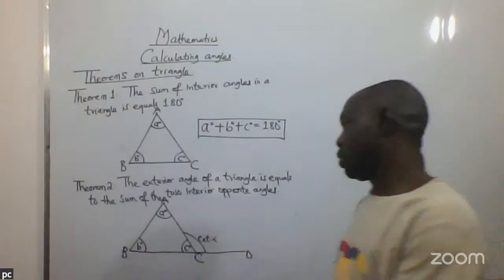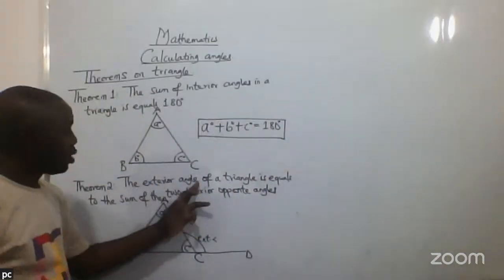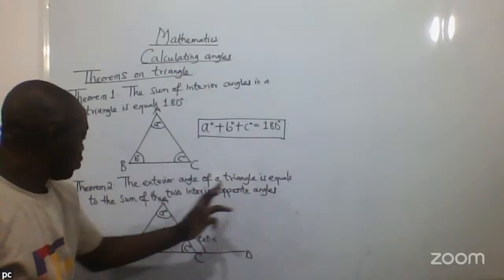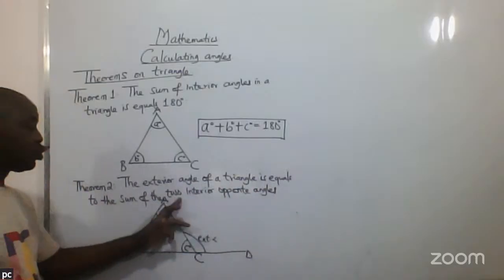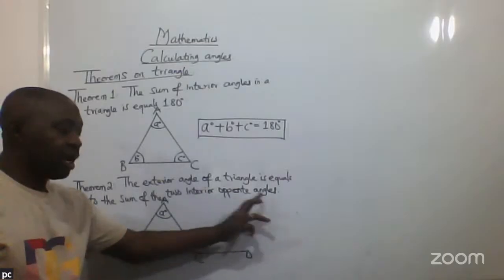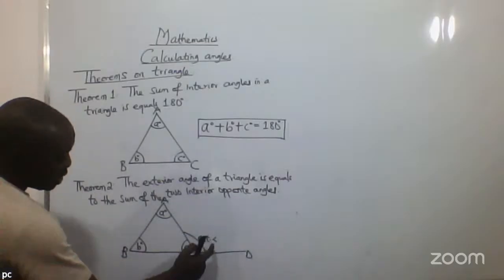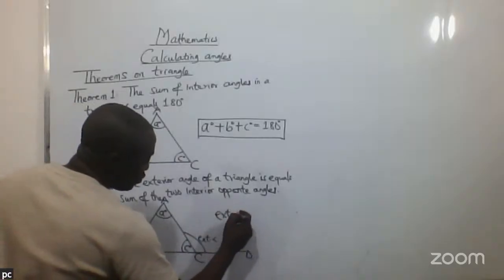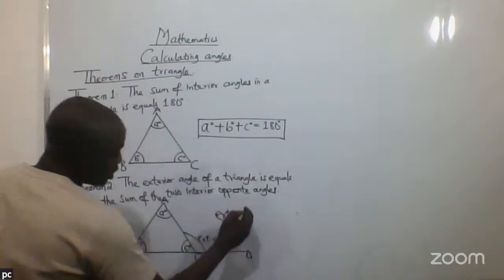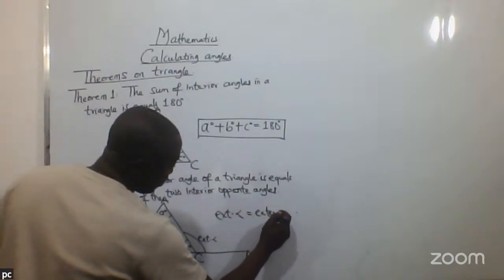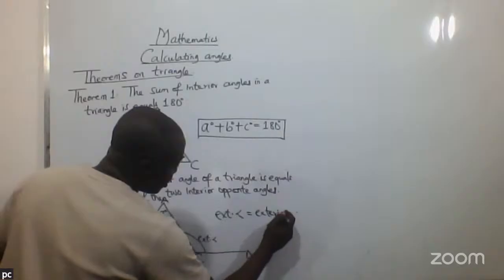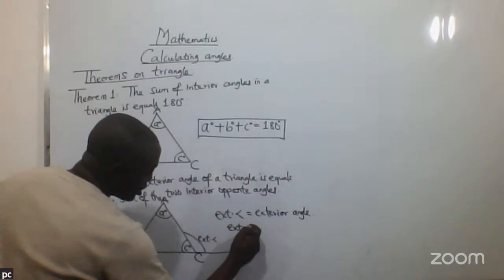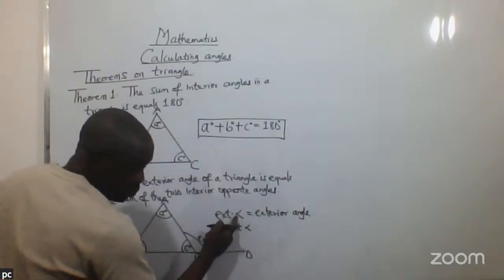Now the second theorem, we have the exterior angle of a triangle. The exterior angle of a triangle is equal to the sum of the two interior opposite angles. What does that mean? This is the exterior angle.